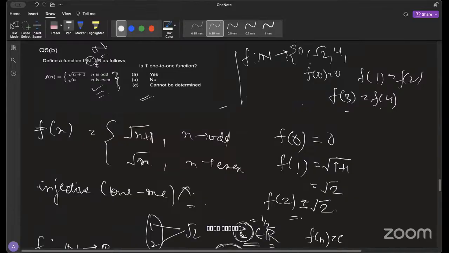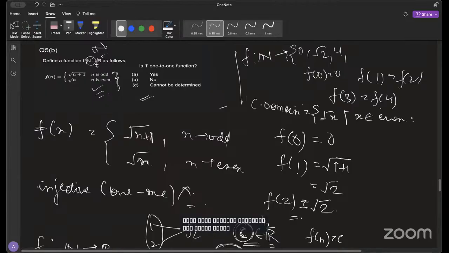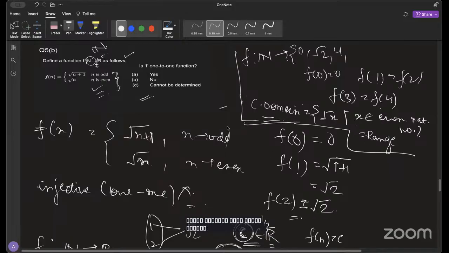So in the codomain, you can choose the square root of x such that x is an even natural number. If you take the codomain to be this, then this function will be an onto function, because you've made the codomain equal to the range. Is it fine?